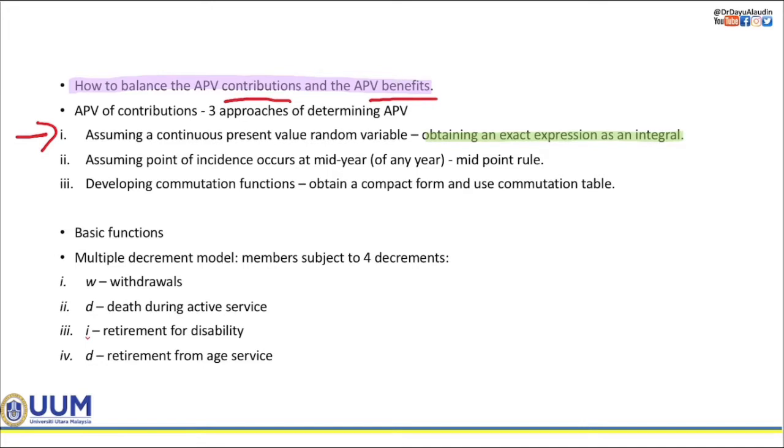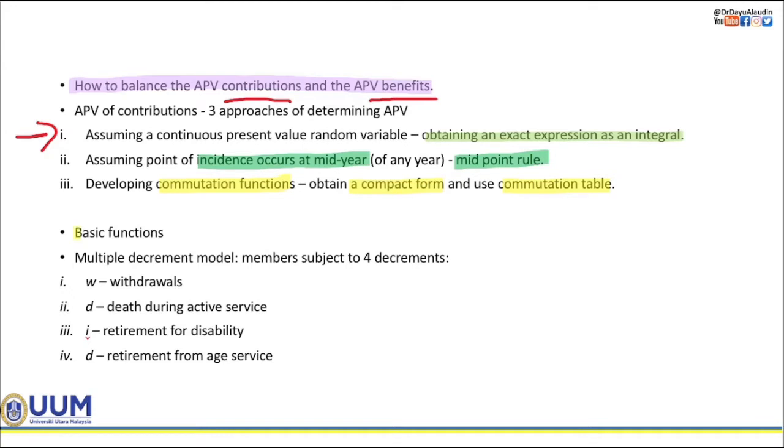Second, we assume the point of incidence occurs at mid-year of any year, using the midpoint rule. And the third one is developing a commutation function, obtaining a compact form, and using the commutation table.